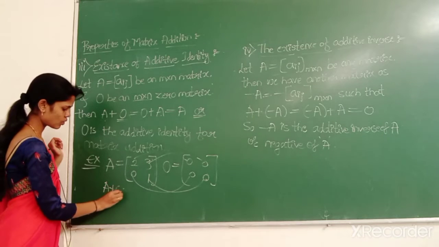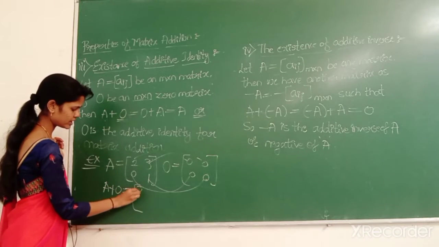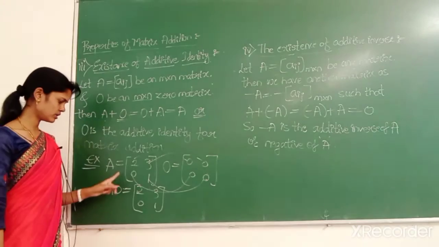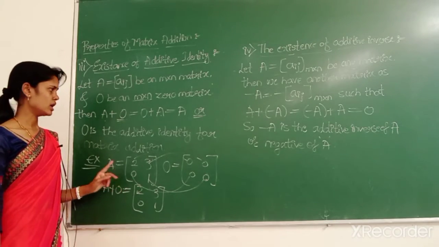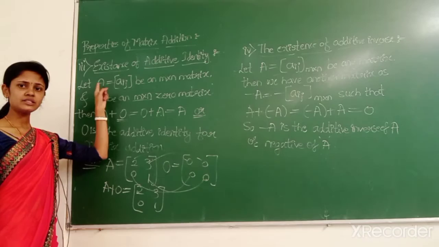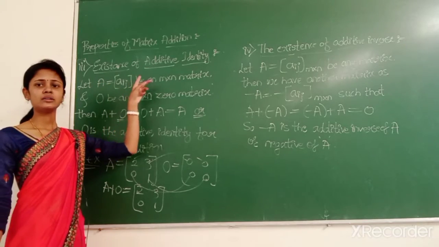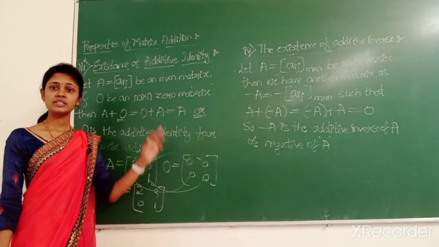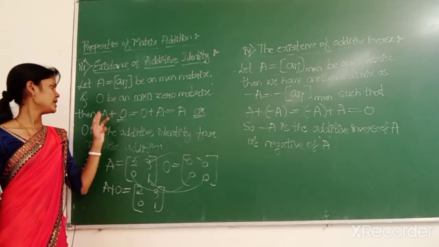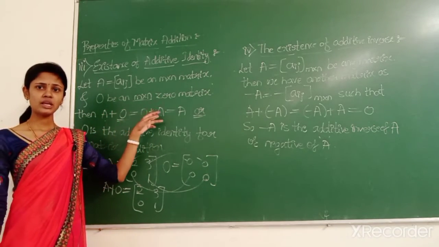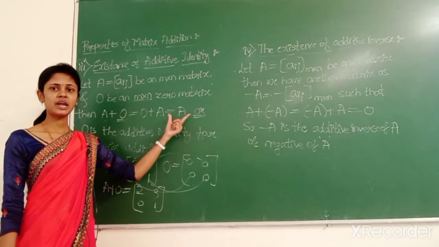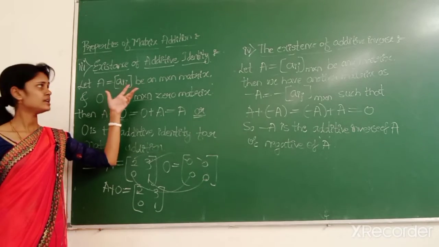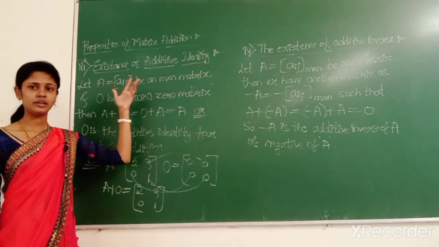So A + O gives us [2 3; 0 1]. Once again, what did we get? The given matrix A only. So let A = [Aij] be an m cross n matrix and O be the m cross n zero matrix. Then A + O or O + A is equal to what? A. That's what we call the existence of identity, or additive identity.